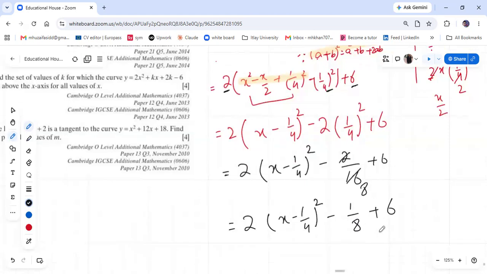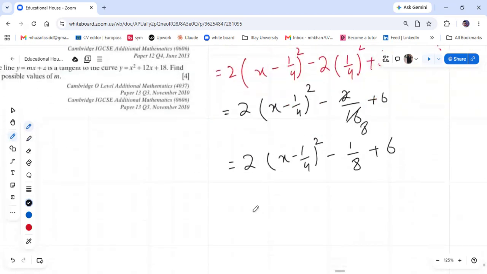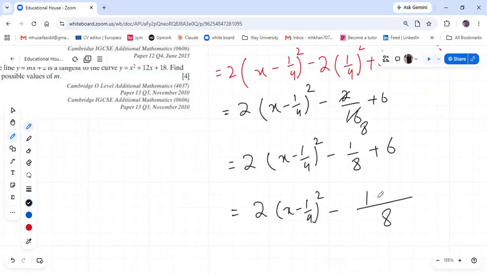Now from here we take the LCM. Our LCM is 8, so 1 plus 6 multiplied by 8 gives 48.